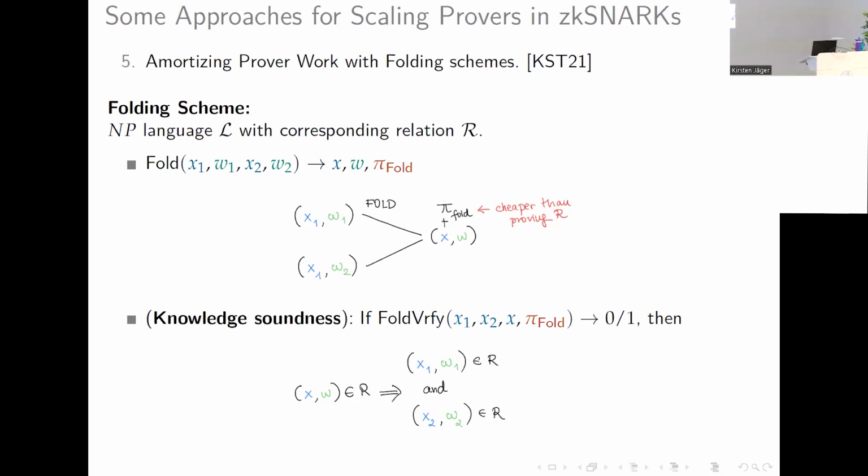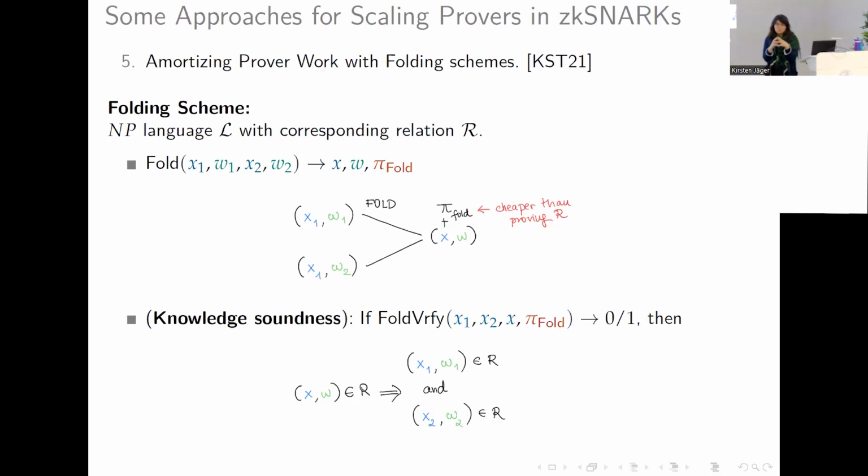So collapsing two instances into one is much cheaper for the prover than proving each of these instances separately. Okay, let me repeat. Instead of proving two different instances, you create a single randomized instance that's a combination of the two, and you prove it.